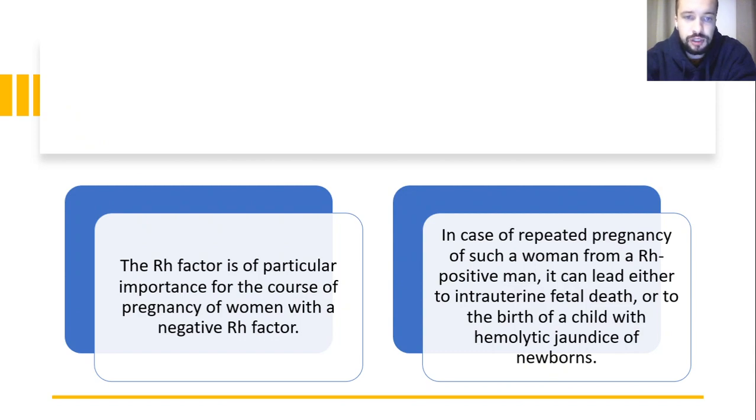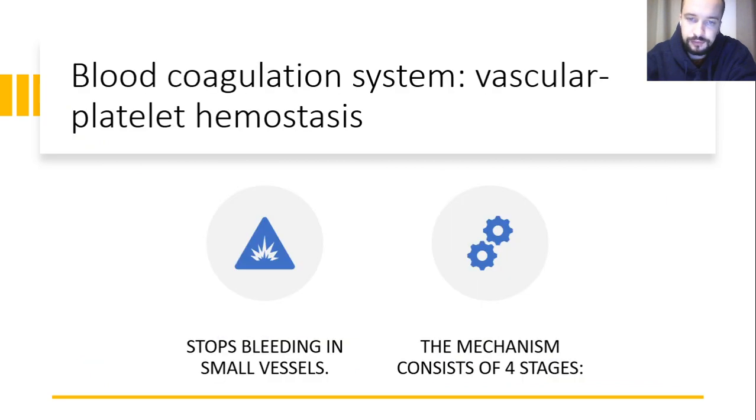The rhesus factor is of particular importance for the course of pregnancy of women with a negative rhesus factor. In case of repeated pregnancy of such a woman from a rhesus-positive man, it can lead either to intrauterine fetal death or to the birth of a child with hemolytic jaundice of newborns.